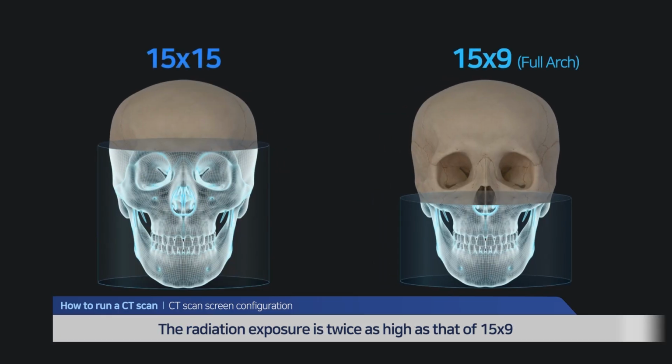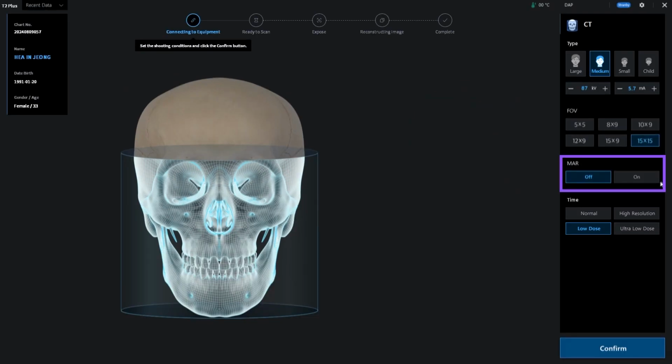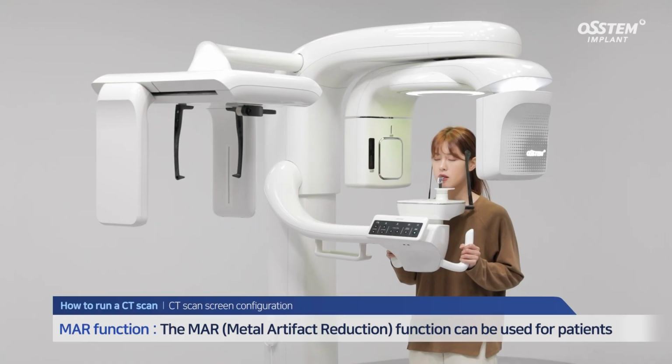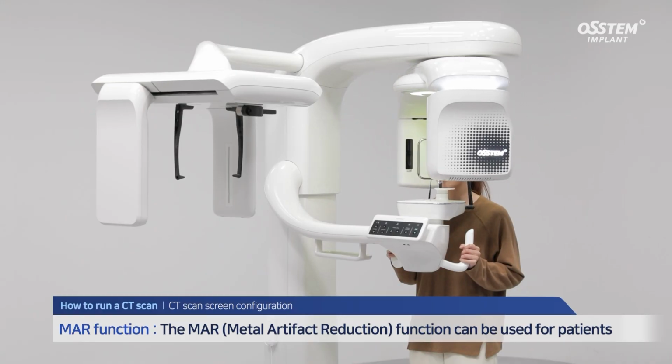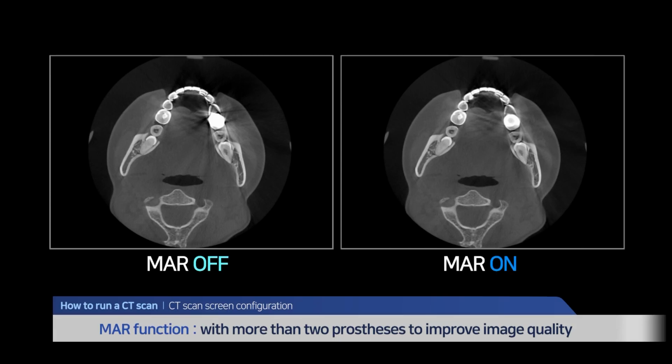The radiation exposure is twice as high as that of 15x9. If the scanning patient has more than 2 prostheses, keep the MAR function on. This will reduce metal artifacts and facilitate diagnosis with a high-quality image.